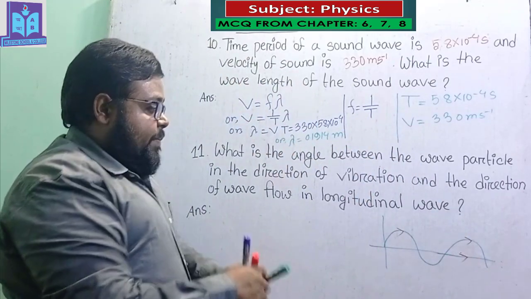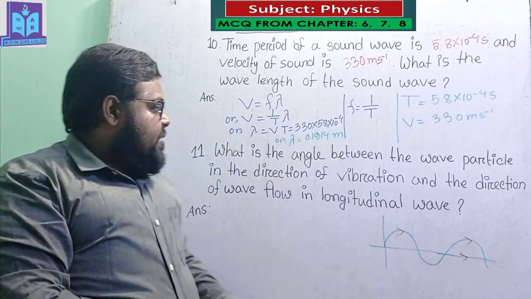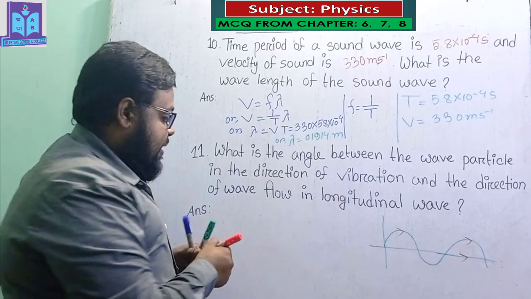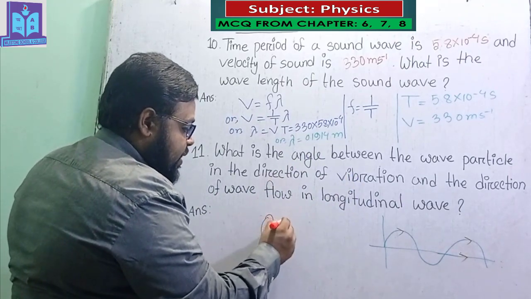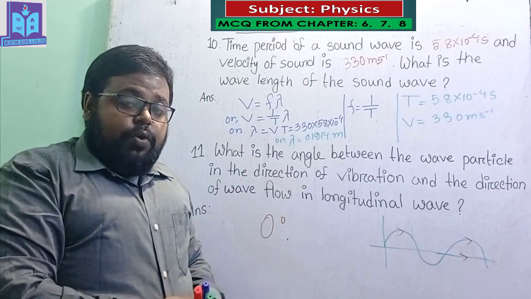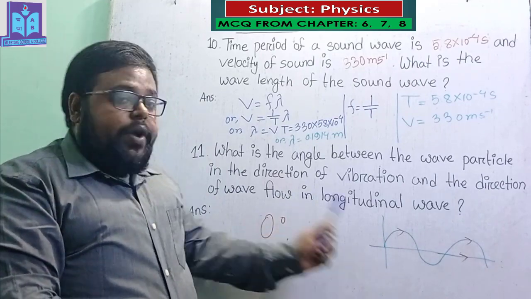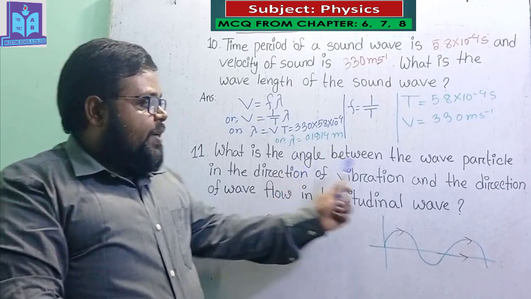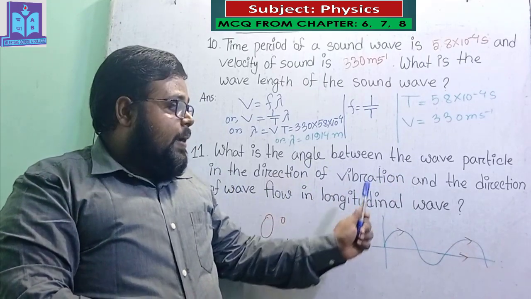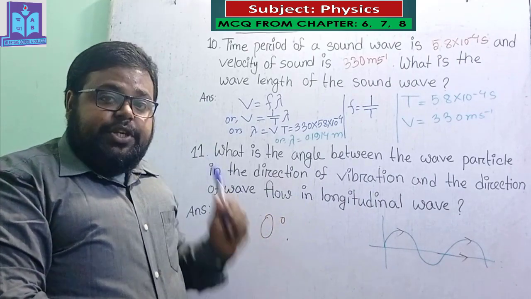These two directions are equal, so the angle between these two directions will be 0 degree. So I hope you understand why in a longitudinal wave the angle between the wave particle in the direction of vibration and the direction of wave flow is 0 degree.